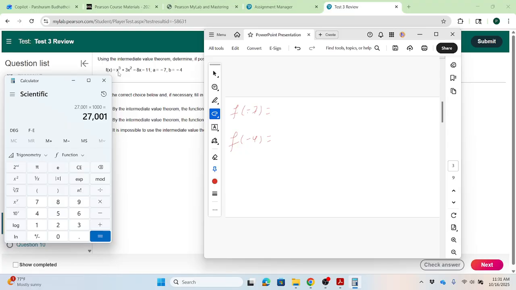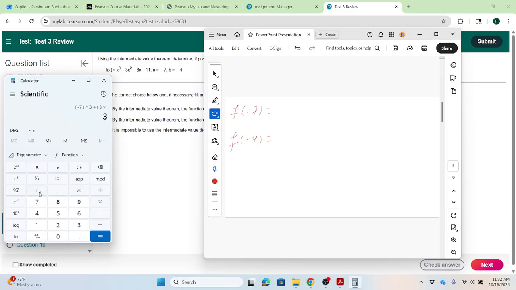At -7, it's parentheses, -7, parentheses closed, cubed, plus 3 times x squared, meaning -7 squared.